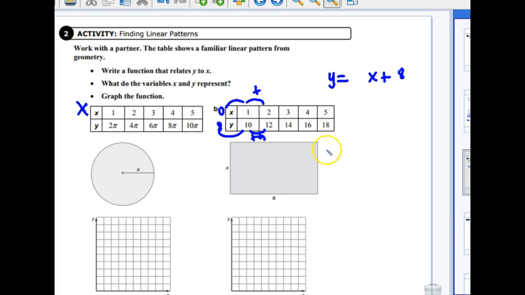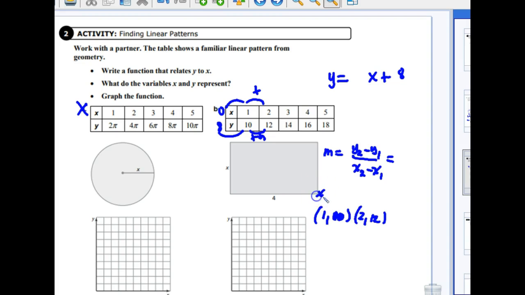All right, for those of you that are struggling, here we go. y2 minus y1 over x2 minus x1. I'm going to pick 2 ordered pairs. I'm going to say 1 comma 10, and then I'm going to say 2 comma 12.